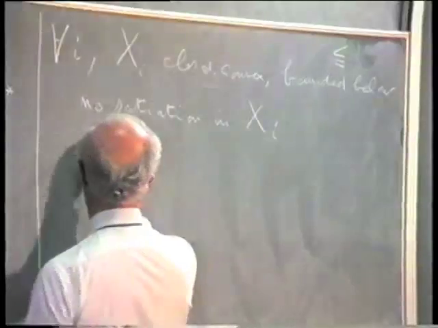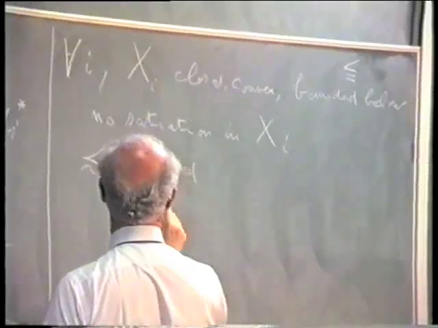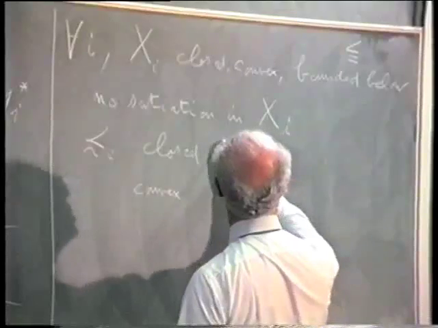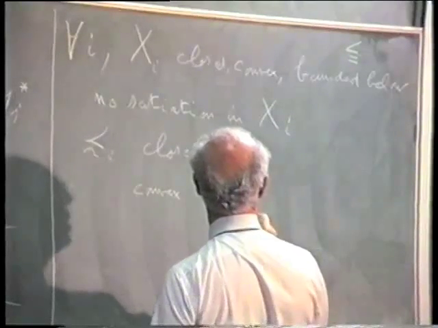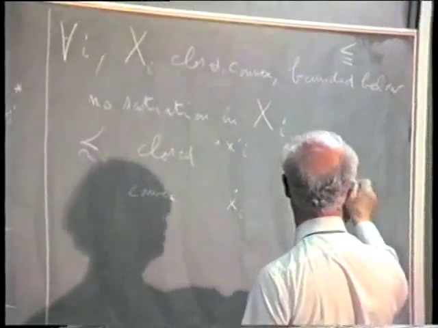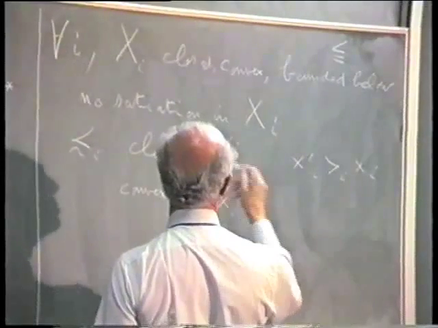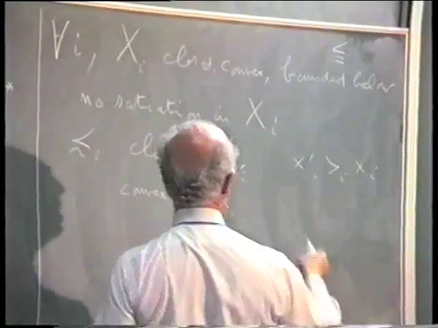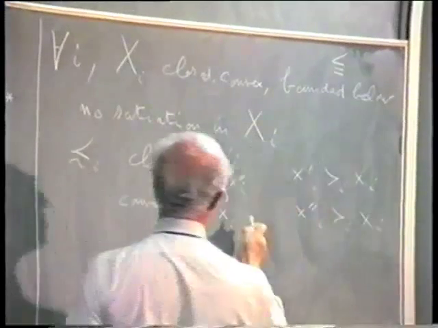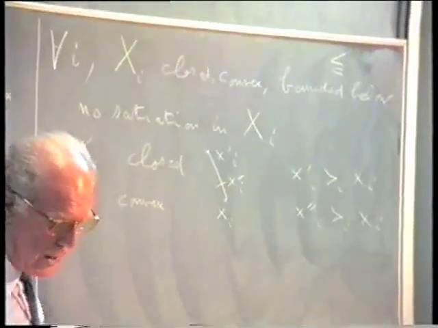We assume that the preference relation is closed, convex, in the sense that if you take two consumption vectors, xi and xi prime, if xi prime is strictly preferred to xi, then all the points of this segment, such as x double prime i, are also preferred to xi. Of course, you must exclude xi itself. Well, that is a variant of the convexity assumption that I gave you earlier.